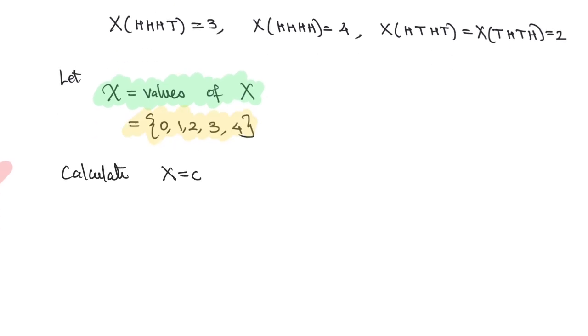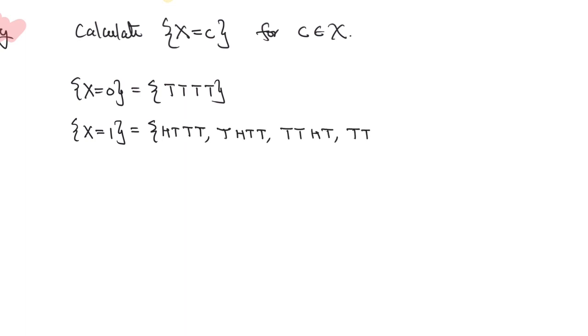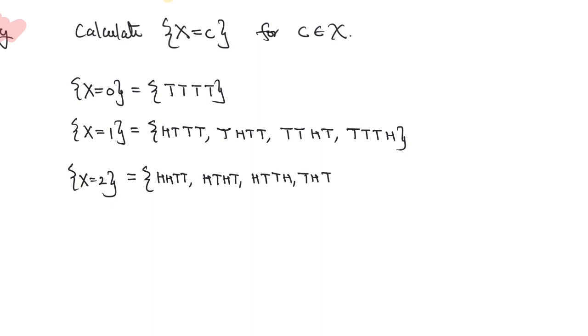And we now calculate the sets x equals c for c inside script x. So x equals 0 is calculated as the set when there are 0 heads. This is going to be TTTT. And the rest of the x equals c's are calculated as follows. For example, when x equals 2, we notice that there are 6 elements inside the set.